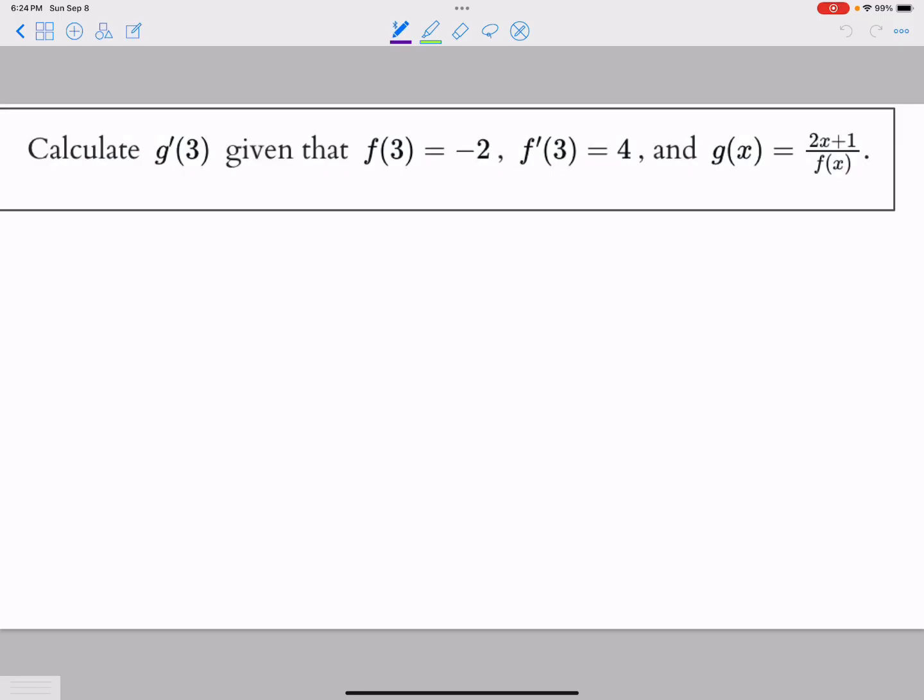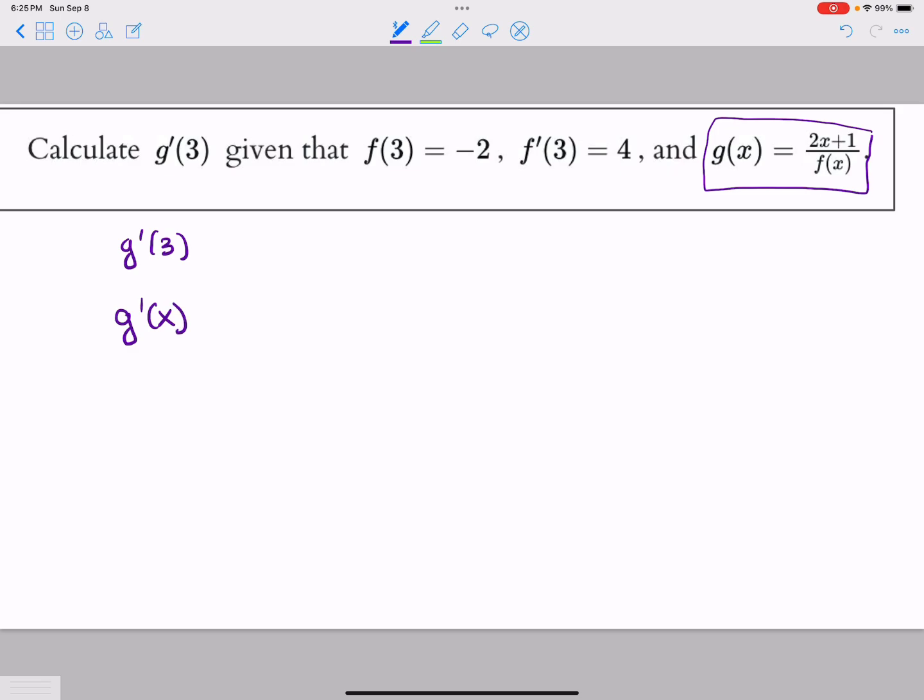This last example is more algebraic in nature. So we have this g of x that is written in terms of another function f. And you're asked to find g prime of 3, or the derivative at 3. So we're first going to find the derivative of g.